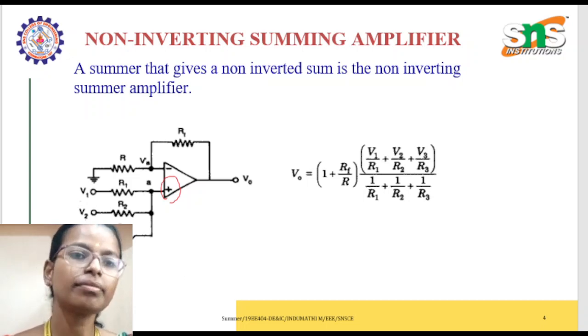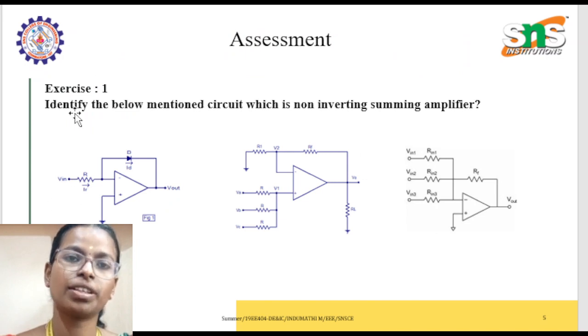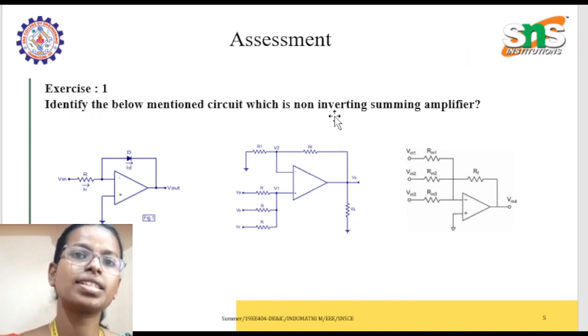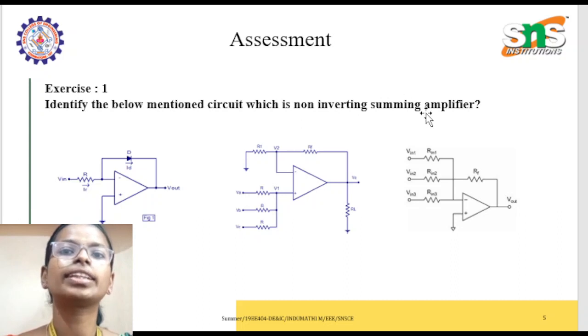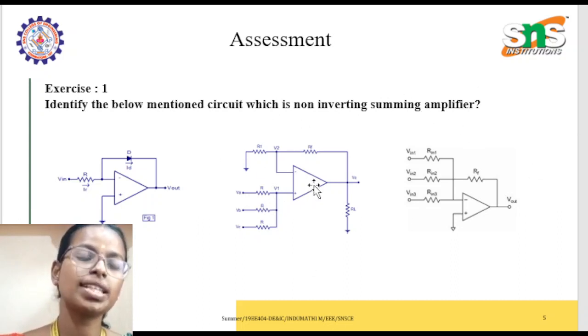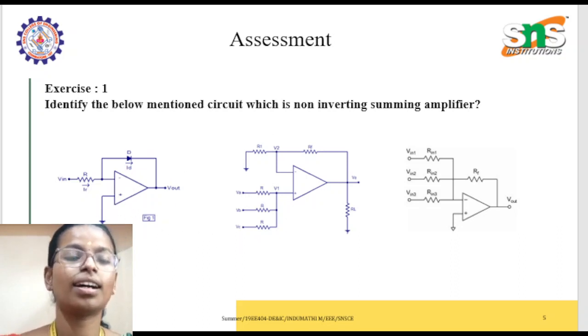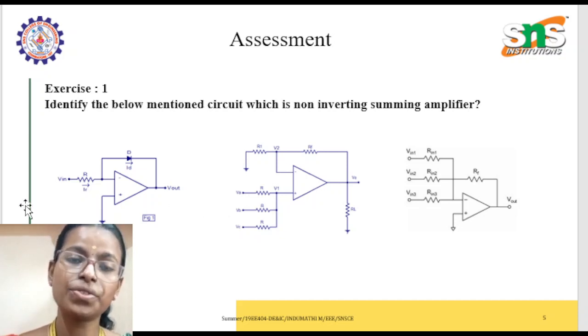You can go through this question: identify the below mentioned circuit which is a non-inverting amplifier circuit. Which is the non-inverting one? We have just discussed the inverting and non-inverting terminals. Have we used a diode in these two?